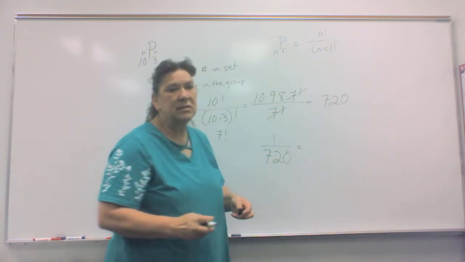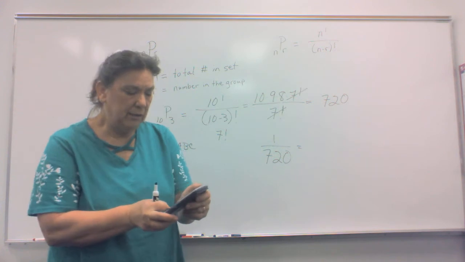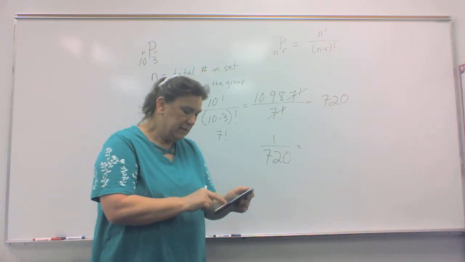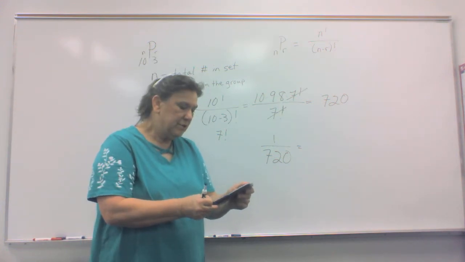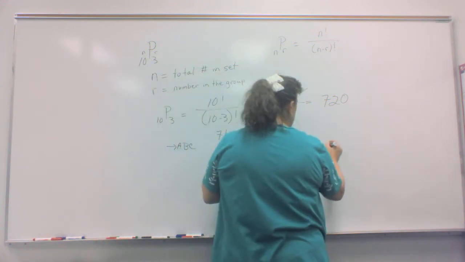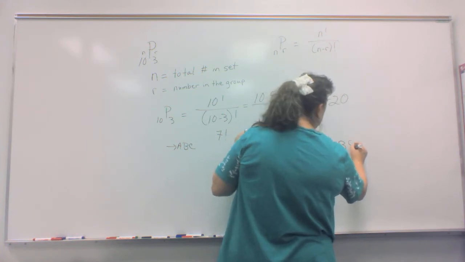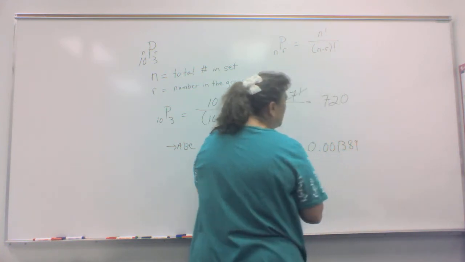So that means we have a probability in this case of 1 divided by 720, which is equal to 0.00138, and that continues, so it's going to round to a 9.